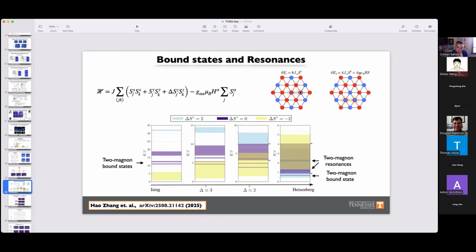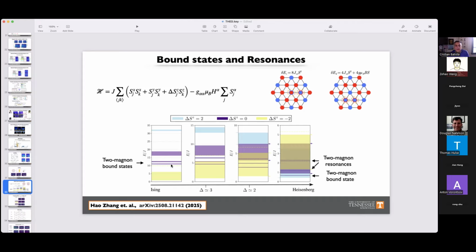So in the Ising limit, you have a very strong bound state between the 2 magnons. And this pair can move around the center, so we have 6 bound states that have different angular momenta on the lattice. They can be 0, pi, plus or minus 2 pi over 3, or pi plus or minus 2 pi over 3, or plus or minus pi over 3. So there are 6, and these are the modes that I'm showing here.